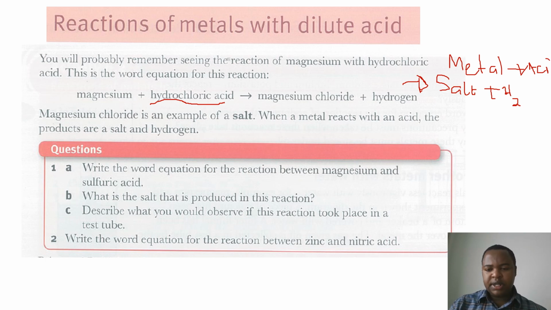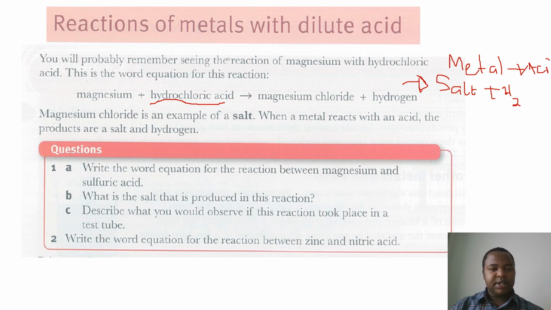Remember, as we said, the name of the salt comes from the metal that is being used and the type of acid you're using. So quick reminder, if the acid is hydrochloric acid, then the salt ends with chloride. If the acid is sulfuric acid, then it ends with sulfate.